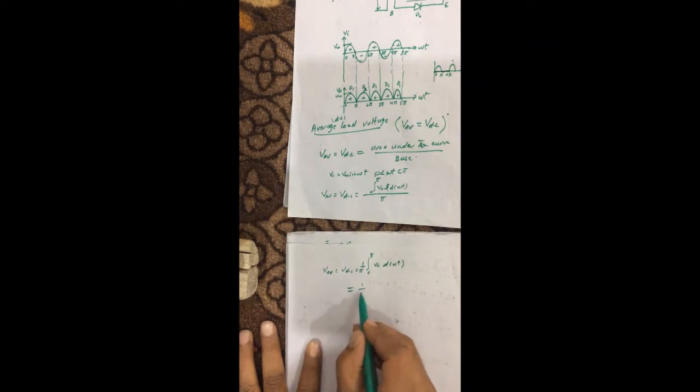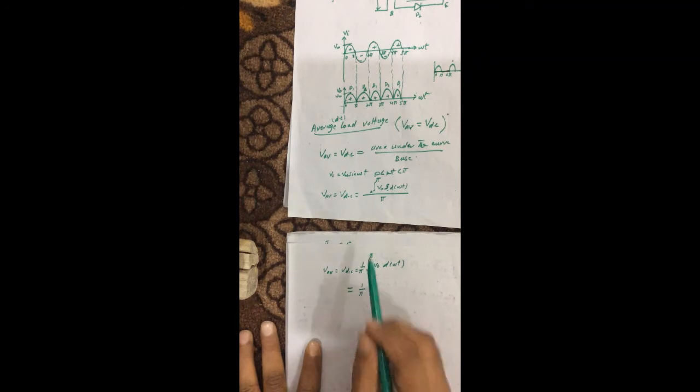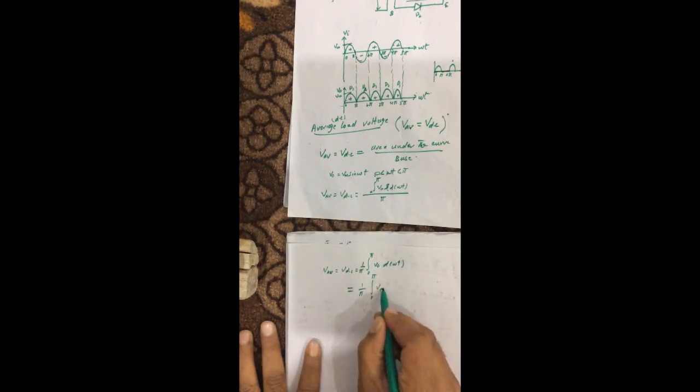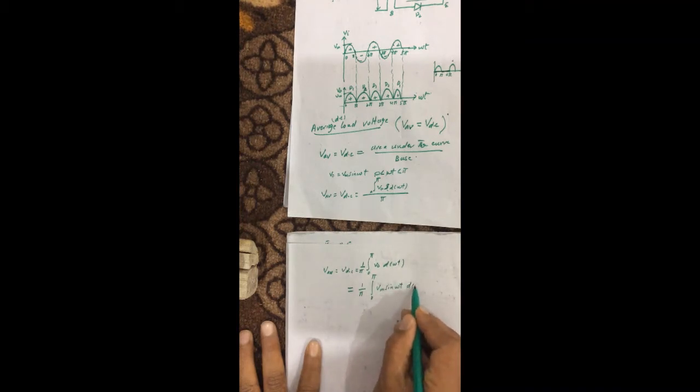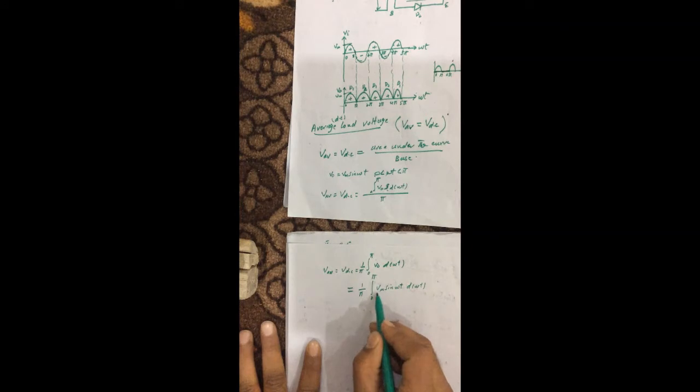This is equal to 1 over pi integral from 0 to pi, and we already mentioned that V naught is Vm sin omega t, times d omega t. Vm is also constant, so keep it outside of the integral. We have Vm over pi integral from 0 to pi of sin omega t d omega t.